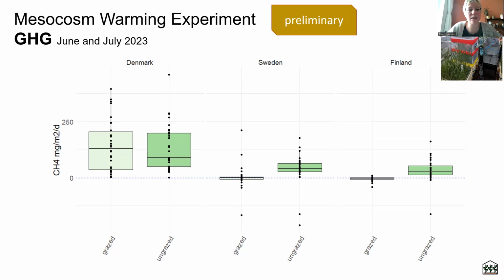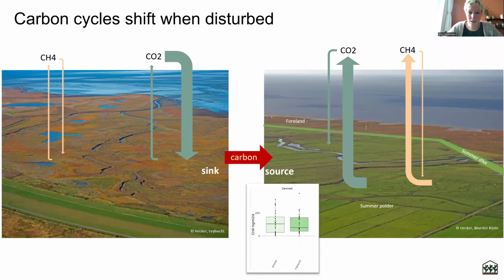And for explaining this a little bit further, I want you to go to the next slide, please, and take it into the field. So what we had beforehand was a carbon sink for the natural, functioning coastal marsh.